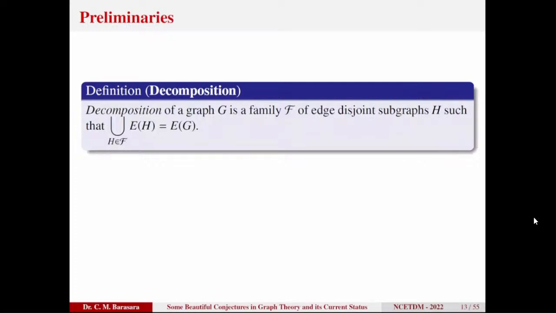A decomposition of a graph G is a family F of edge-disjoint subgraphs H such that the union of the edge sets of the subgraphs in the family covers all the edges of the graph G. If all the subgraphs are paths, then the decomposition is known as a path decomposition.